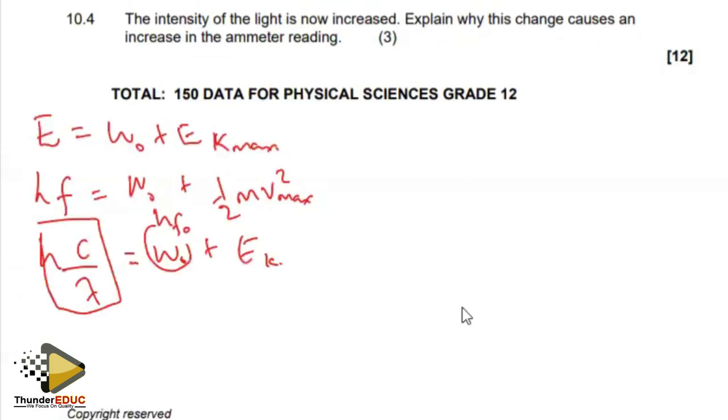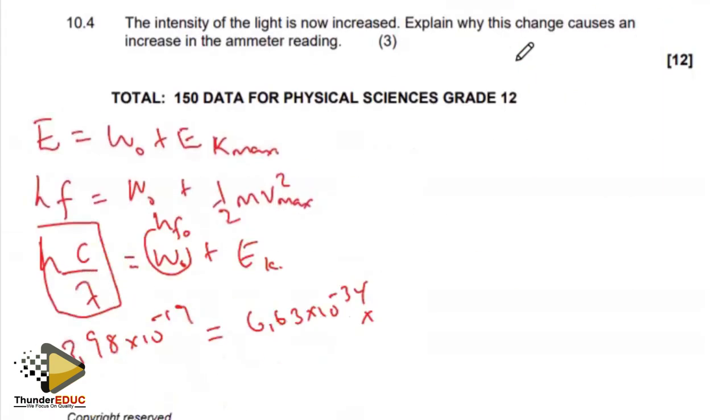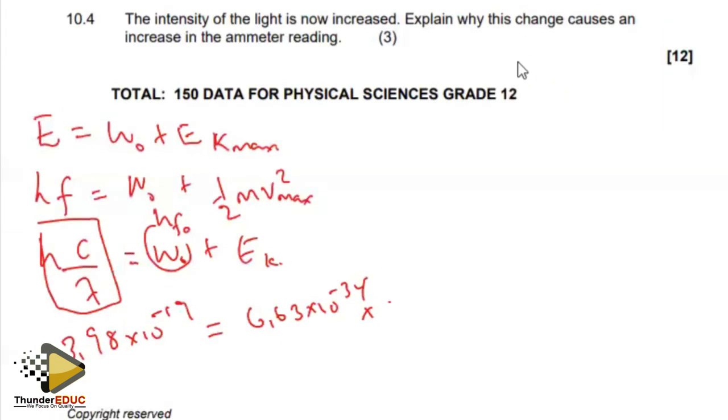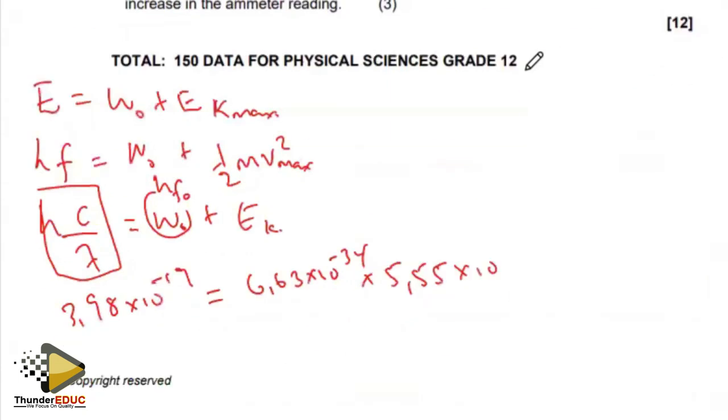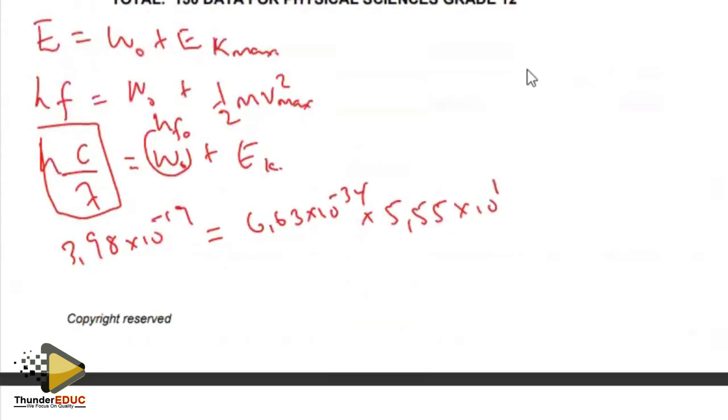So you're going to have 3,98 times 10 to the negative 19 is equal to 6,63 times 10 to the negative 34 multiplied by the threshold frequency, which is 5,55 times 10 to the 14. That is correct. And then plus our EK max.